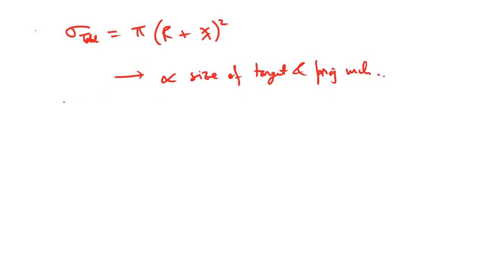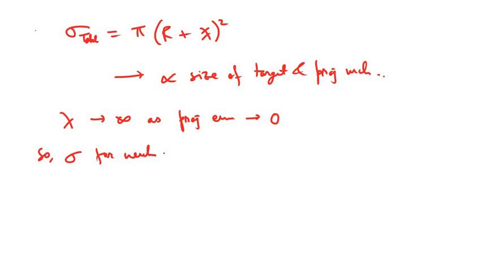However, the wavelength of the projectile, lambda, goes to infinity as the projectile energy goes to 0. And so the cross section for neutrons at low energies can be very large.